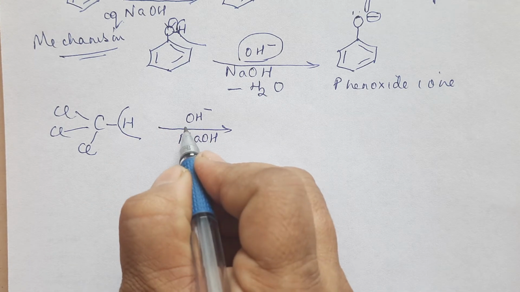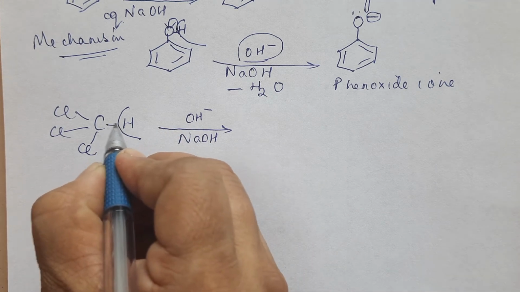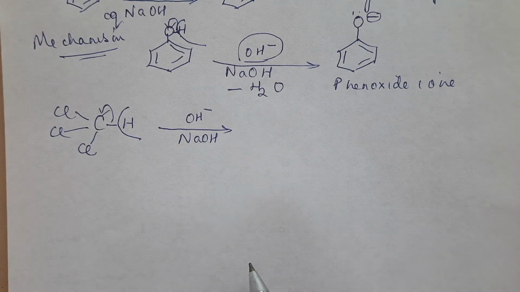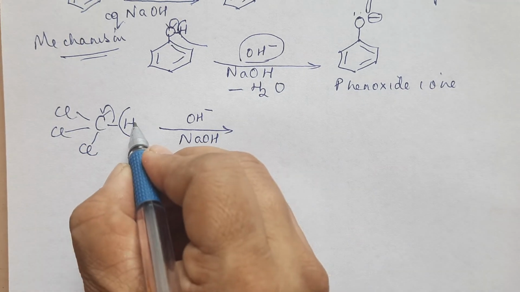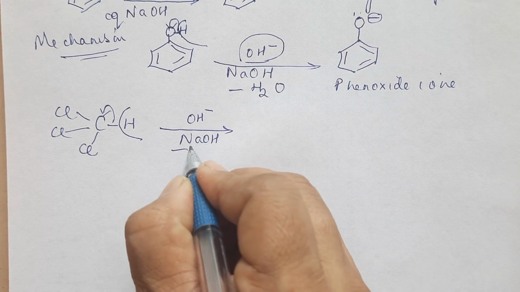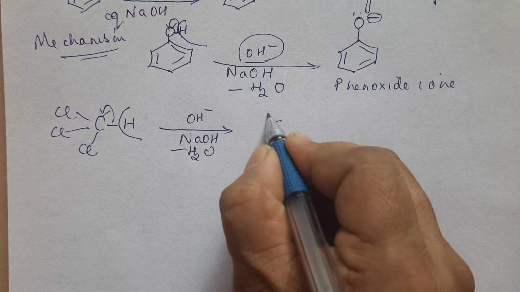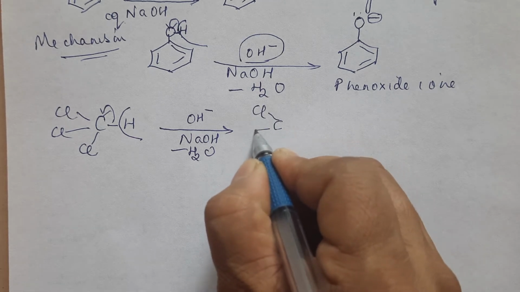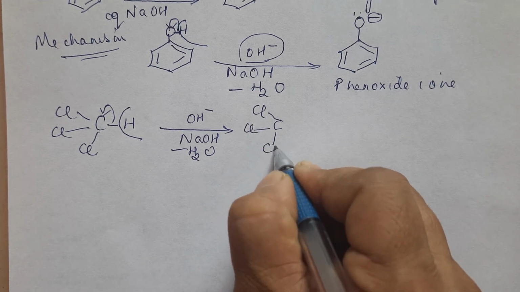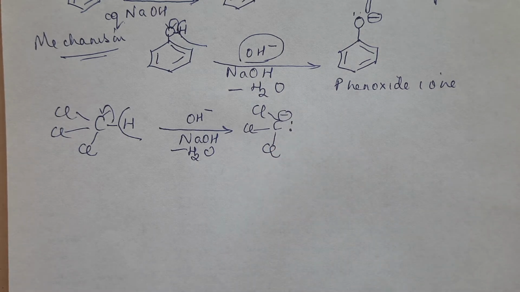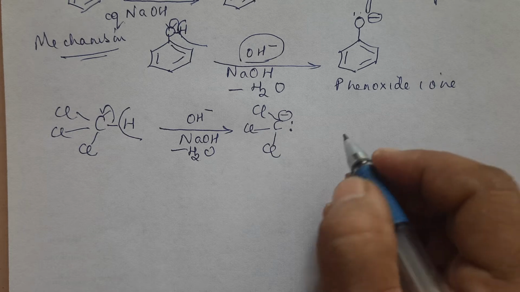When it takes this H, the bond between this carbon and hydrogen, that electron pair goes on this carbon. And this H and OH will come out as water. So what we are left over with is carbon, this chlorine, another chlorine, next chlorine, and one lone pair is left here on that carbon, a negative charge, right?